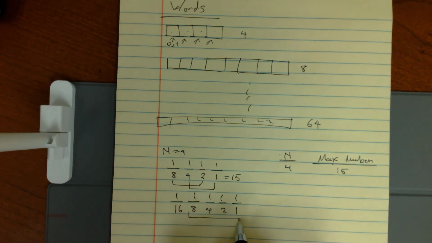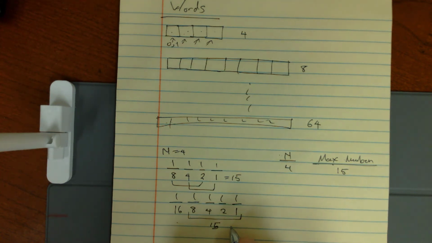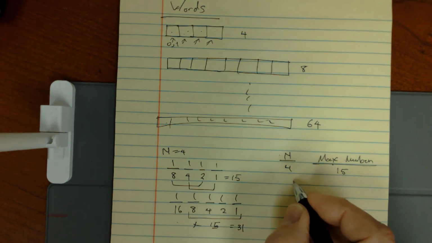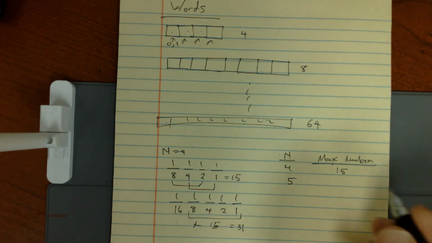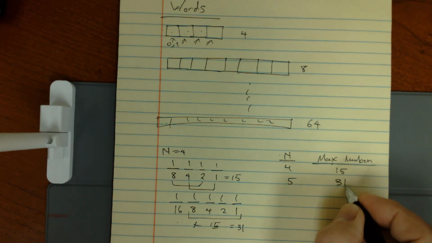The maximum here is 15, and I add 16 to 15, and I get 31. So when length is 5, I get 31.